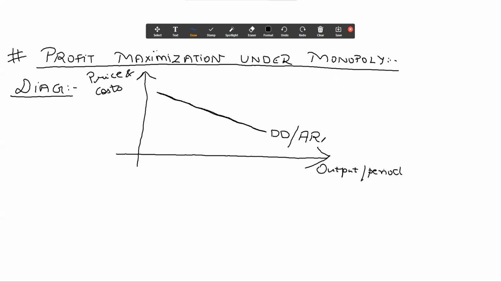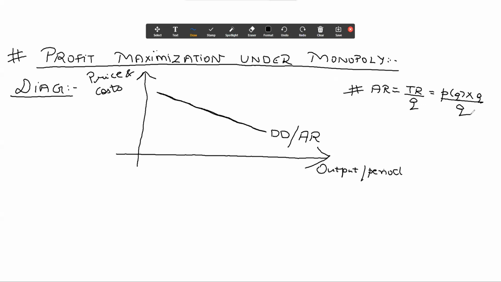Why? Because all students should recall that average revenue is nothing but total revenue by Q. Total revenue is nothing but P as a function of Q into Q, divided by Q. P as a function of Q means, remember in the start of the lecture, I had told you that the monopolist will first decide the quantity and price will be chosen depending on the quantity produced by the monopolist.